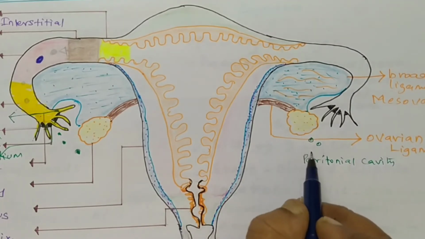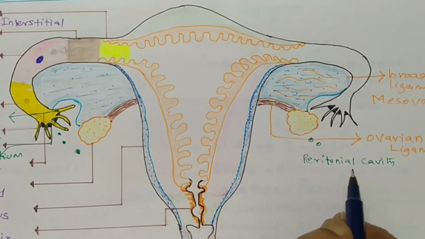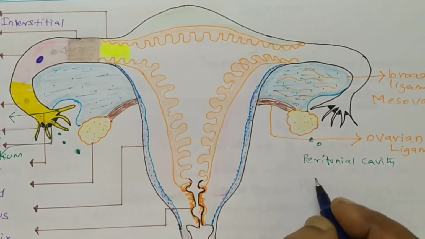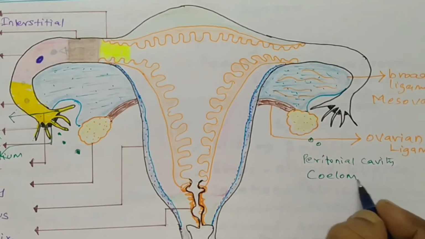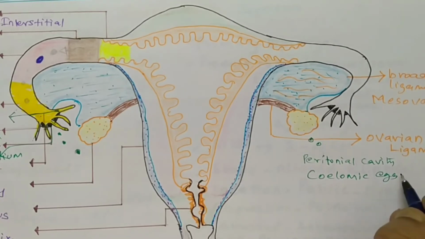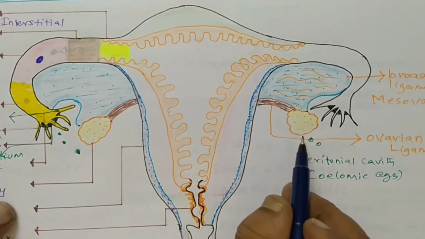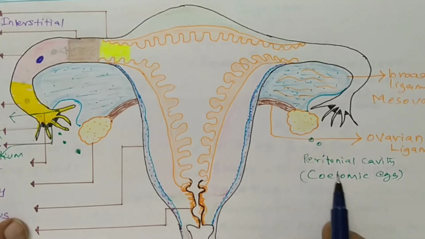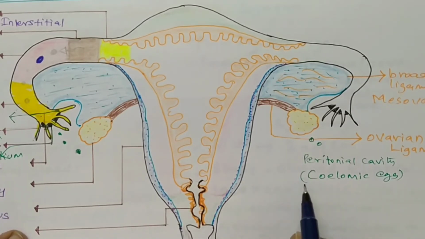That's why the human egg released into the peritoneal cavity is said to be a coelomic egg, because the ovary releases the egg into the peritoneal or coelomic cavity.